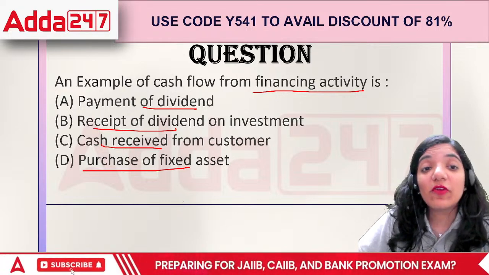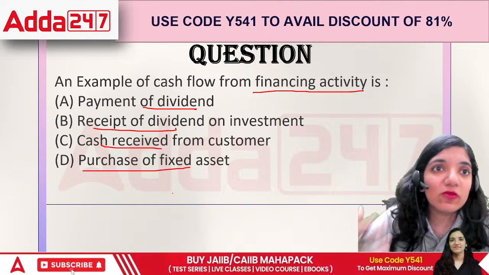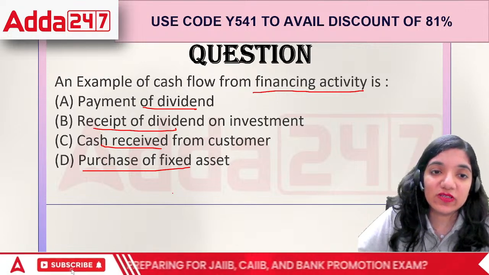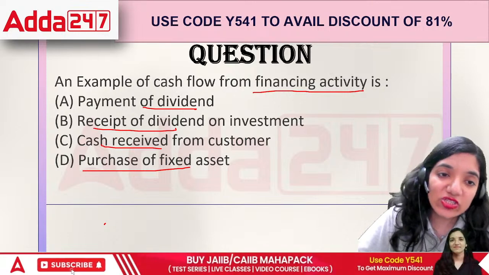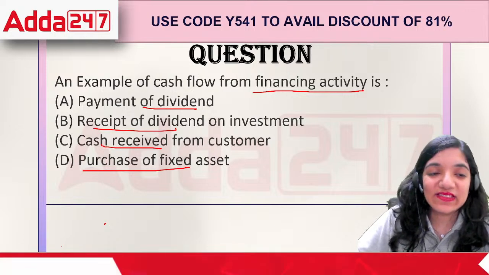Cash flow from financing activity means you're getting money from the people who are your liability. It can be the owner itself or any other person.